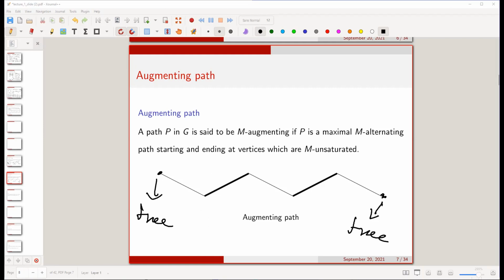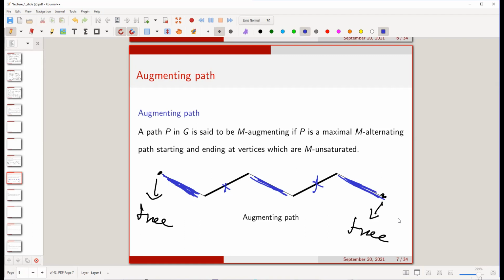I'll just change the color. We assume that the bold edges are matched edges, the edges that belong to M, and the light edges are the edges that are not in M. So if we put this edge in M and remove this one from M, again put this one in M and remove this one from M, and add this one to M, then the property that each vertex has at most one edge from M incident to it still remains.